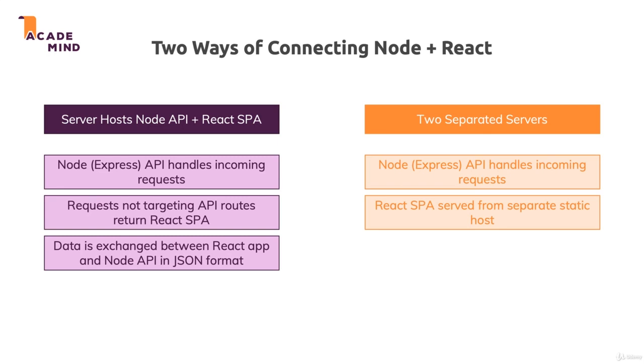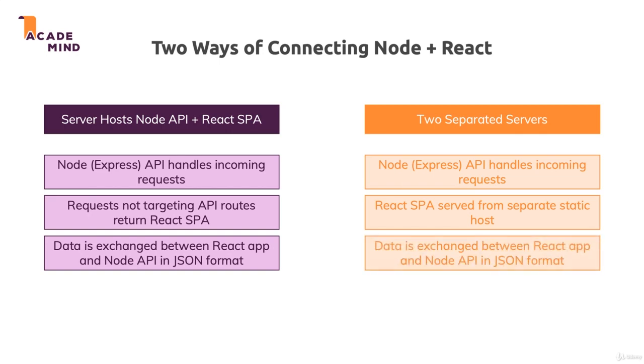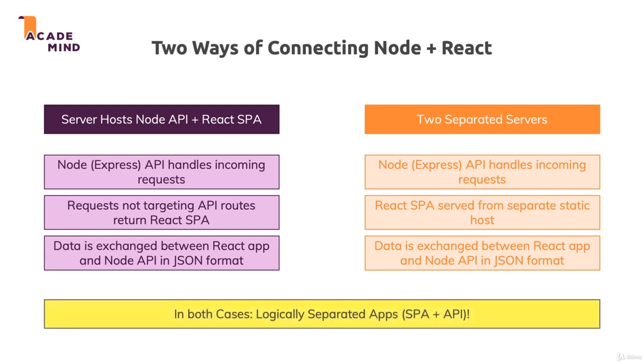Instead, it's just a server which returns our HTML file and the JavaScript files and the CSS files and so on. So therefore, we got our two ends served on different servers, and data is exchanged in JSON format when we send these background HTTP requests. So that's always the same. In one case, they're just served from the same machine, in the other case, from two machines. In both cases, we got these logically separated apps.